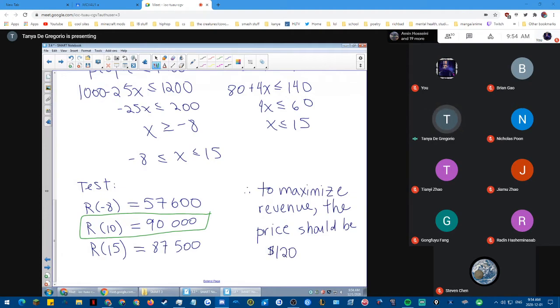Have we answered the question fully? What else? Maximum revenue. Good. So, it should be $120 for a maximum revenue of $90,000.